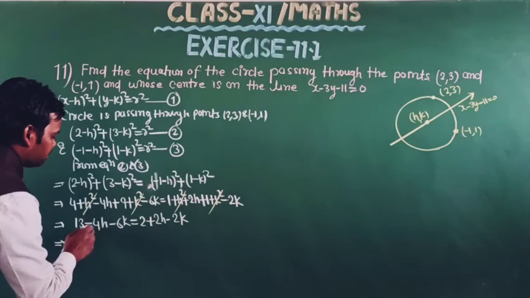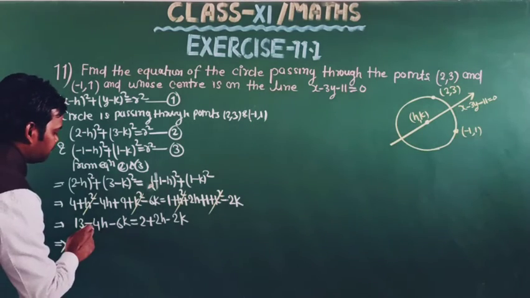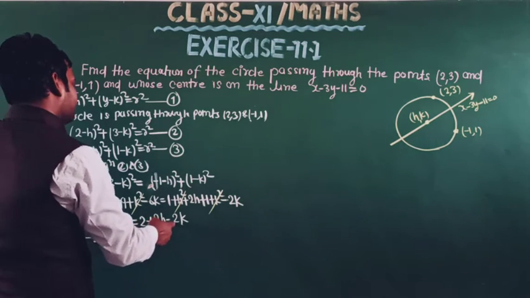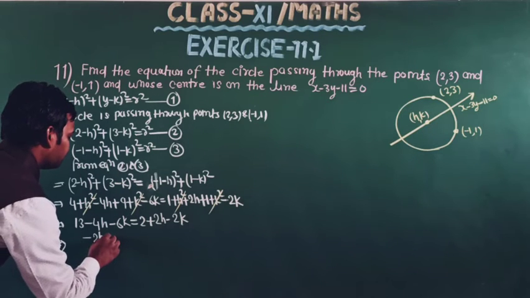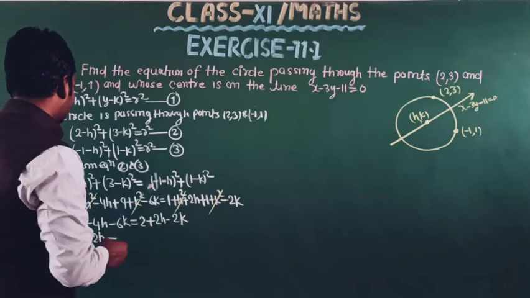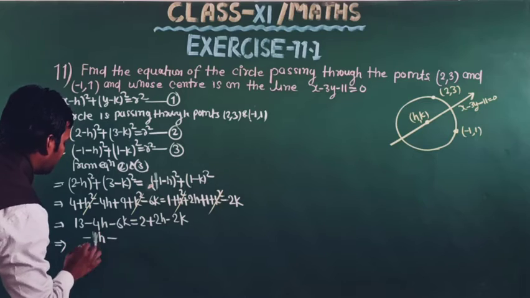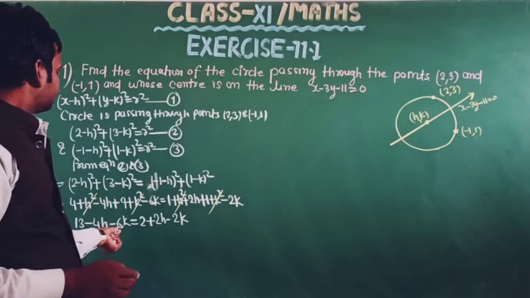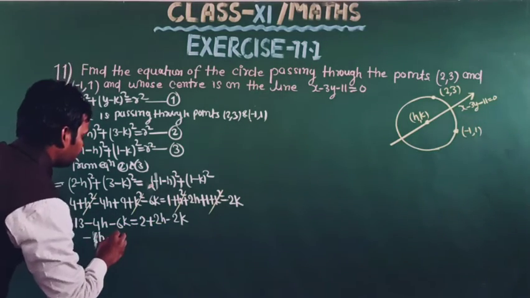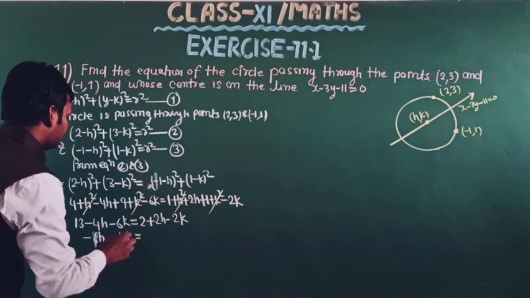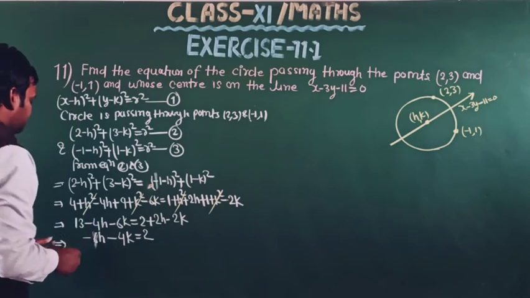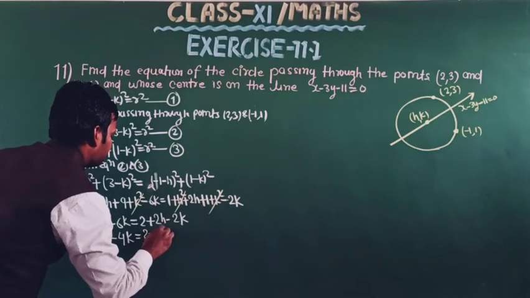So the above expression becomes minus 4h minus 2h, which is minus 6h, and minus 6k plus 2k, which is minus 4k, equal to 2 minus 13, which is minus 11.